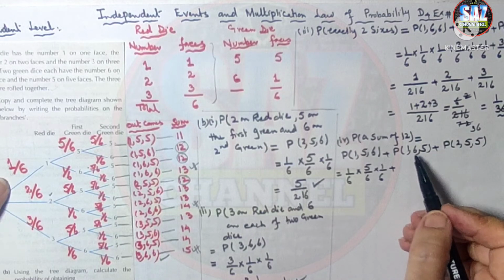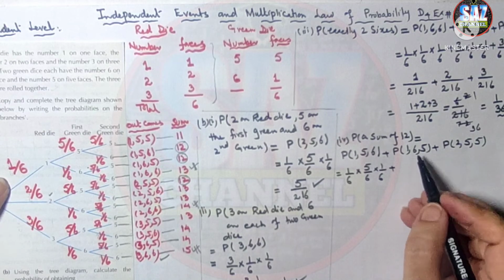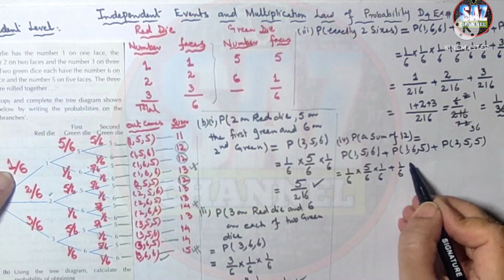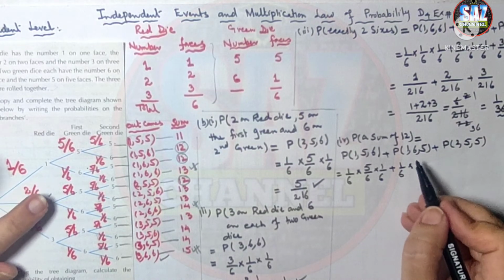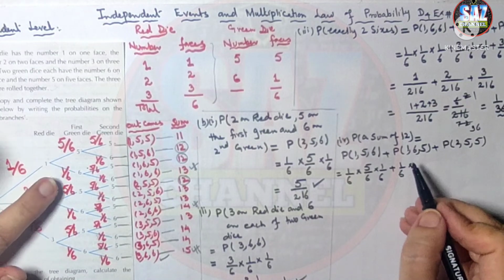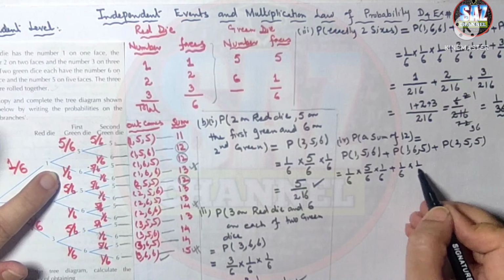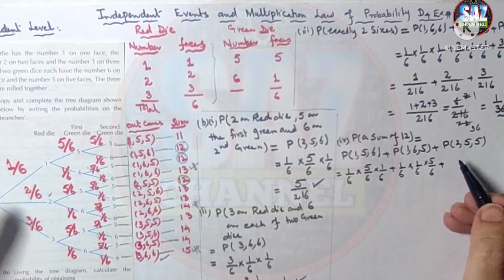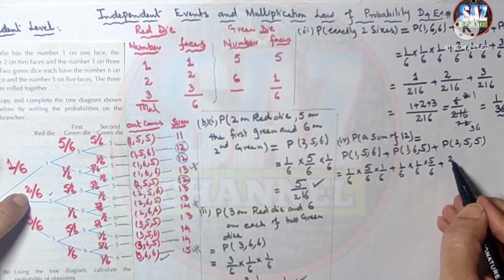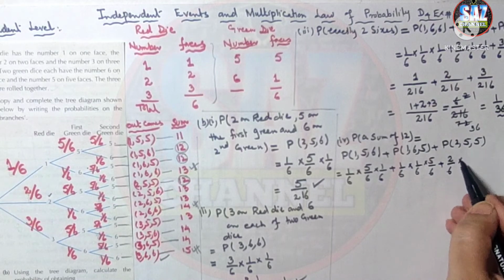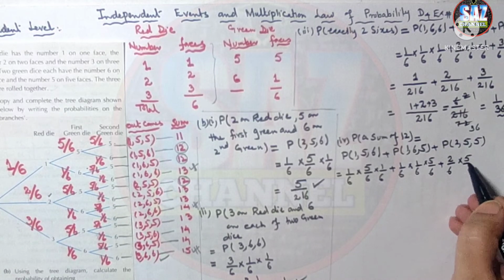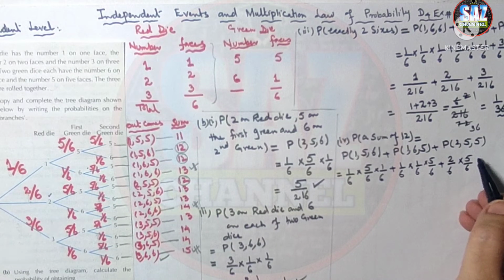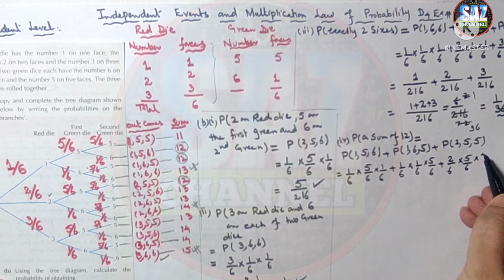165. Yes, that is again 1 from the first, 1 by 6, 6 from the green, 1 by 6 multiplied by 5 by 6, plus 2 by 6, 5 by 6, and again 5 from the second red dice, 5 by 6.